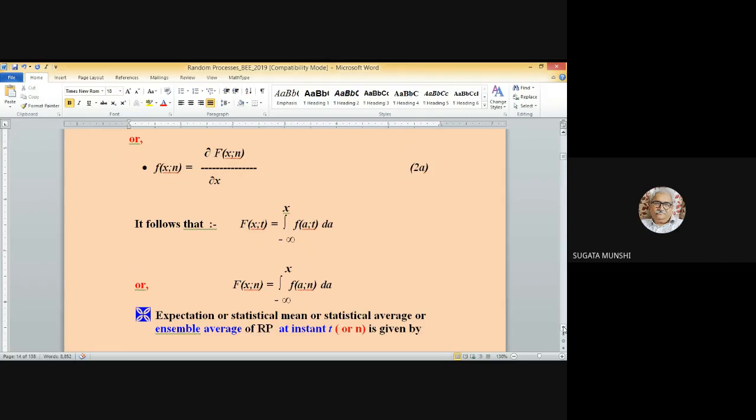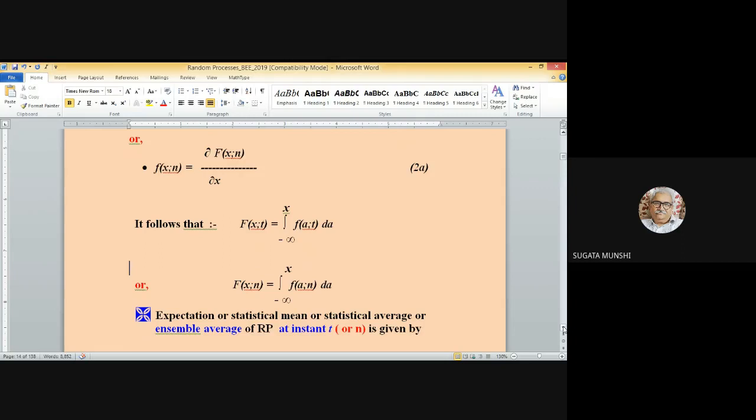Therefore, we have what is known as the ensemble average or statistical mean or statistical average of the random process at an instant small t or small n, as the case may be.